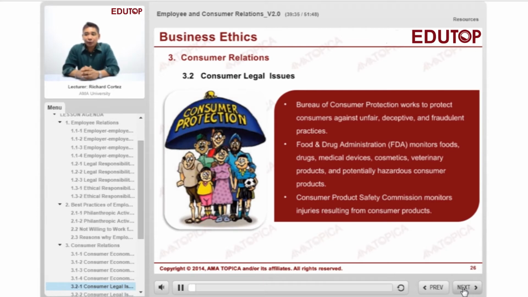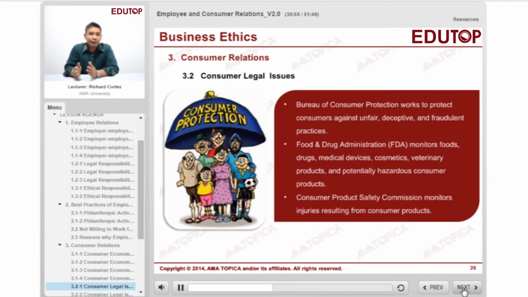Under consumer legal issues, we have the Bureau of Consumer Protection. It works to protect consumers against unfair, deceptive practices. So sometimes consumers are also being protected by the government by establishing agencies specifically to protect the consumer's rights, safety, and health.